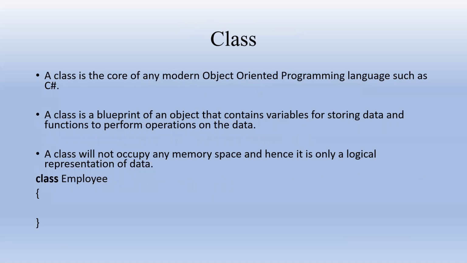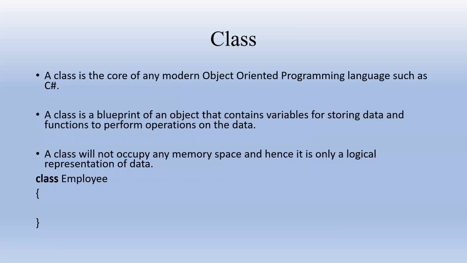Next is class. A class is the core of any modern object-oriented programming language, such as C sharp. By core, we mean that it is the starting point of writing any code in an object-oriented programming language, such as C sharp or VB.NET.